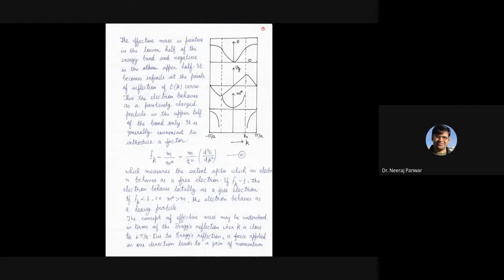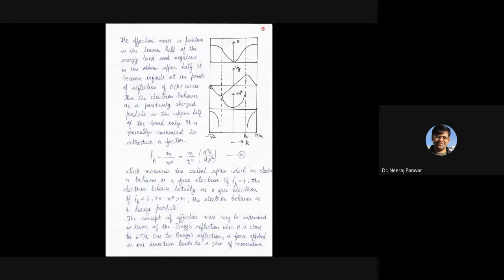The topmost diagram is the EK diagram, and you see under the influence of a periodic potential how the EK diagram looks. It goes like a parabola, and the energy gets lowered near the zone boundary.